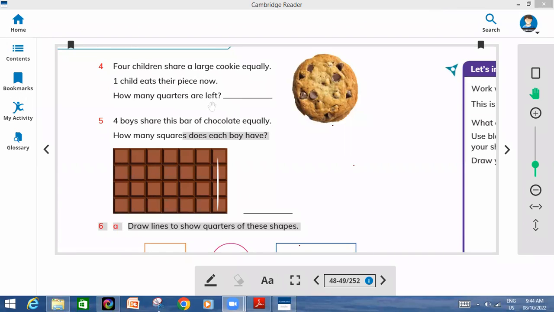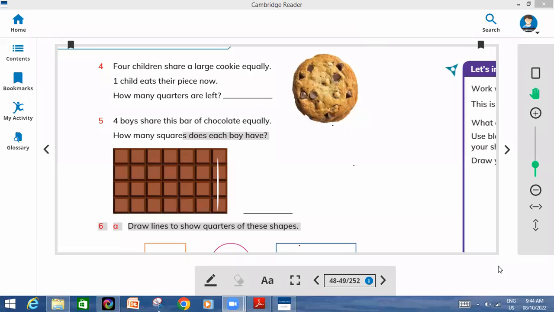How many quarters are left? So 3 quarters are left.